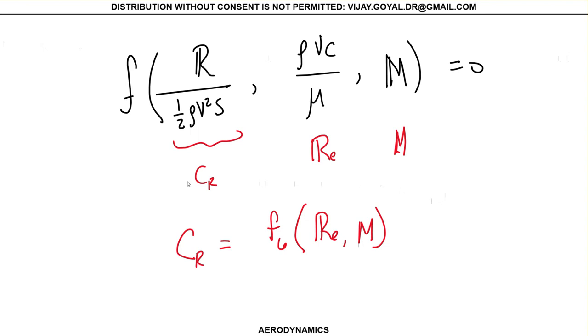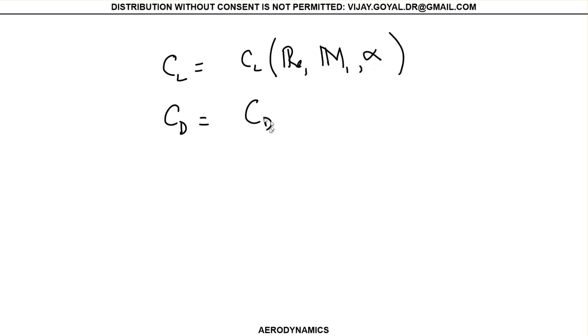One straightforward application of these problems is the following. We will be able to show later that your coefficient of lift is going to be a function of your Reynolds number, your Mach number and your angle of attack. The same thing here: this is going to be a function of your Reynolds number, your Mach number, and your angle of attack.